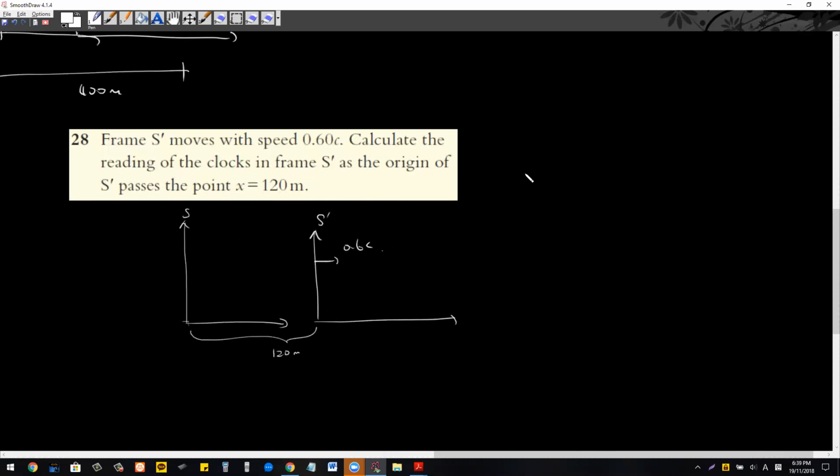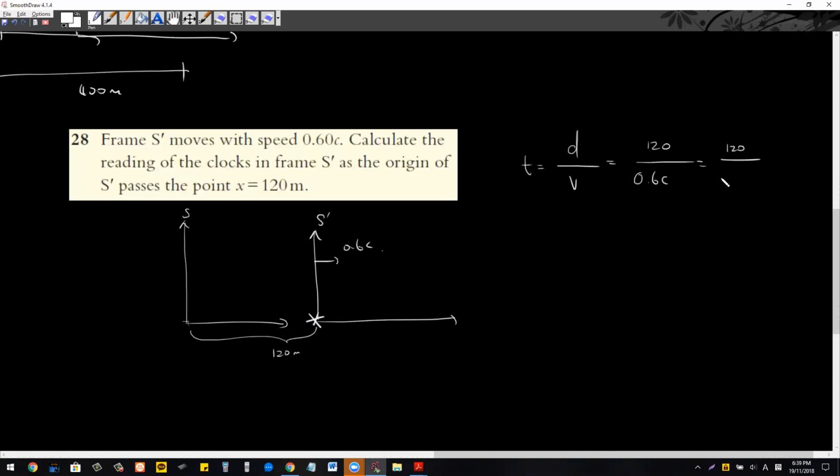So we're going to figure out the time according to the, so the event is right over here. What is an event? The event is indicated by the star. The event is when this frame reaches 120 meters according to the frame S here. So time is simply distance divided by velocity. So distance is 120 divided by, this one is moving at 0.6 C, isn't it?